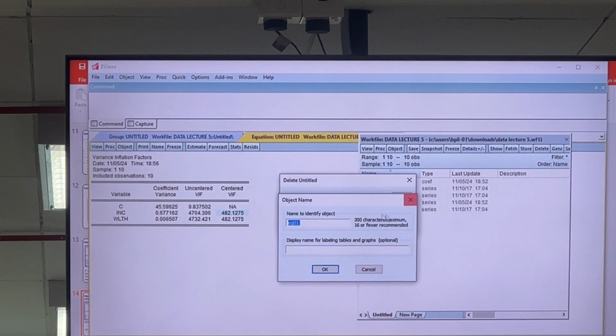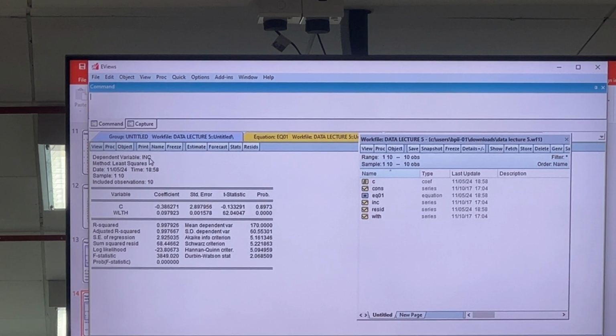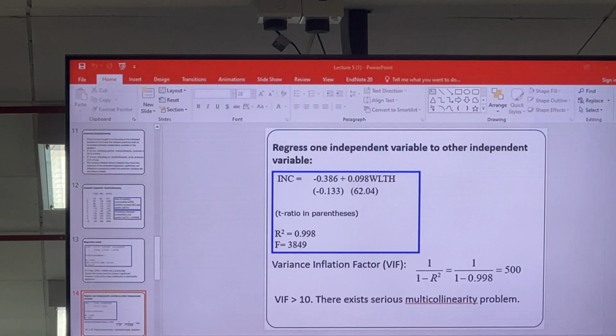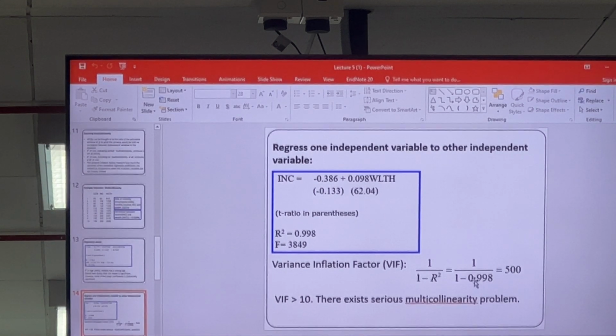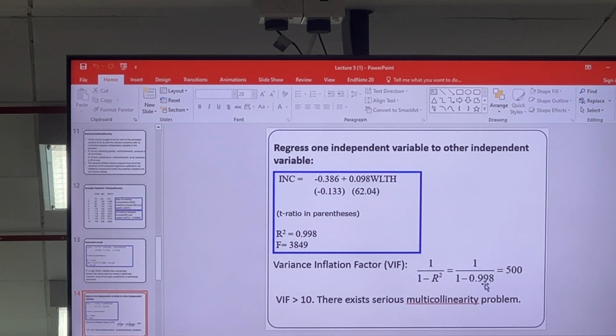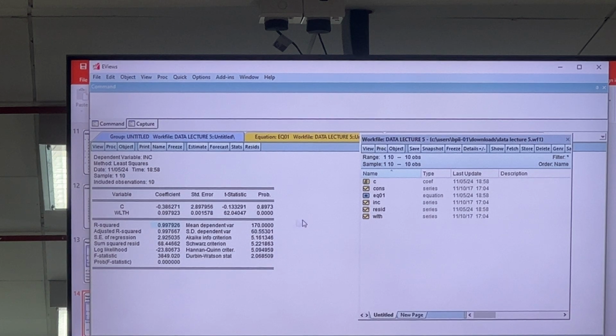You see that when you regress income against wealth, the r square is 1, and then you calculate using the given formula, 1 over 1 minus r square, and here we get about 500. It is not the exact value because we rounded the r square, so we get about 500. Basically, that's how we get the VIF, like the 482 just now.